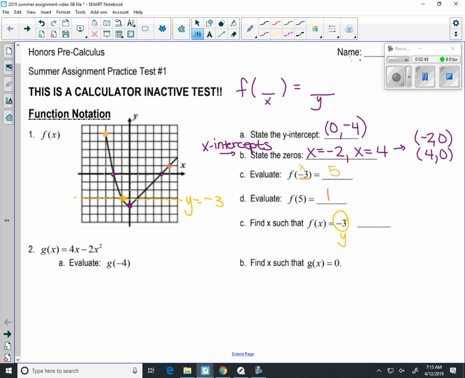So we have two x's that have the output of -3, and those are +1 and -1. If you wanted to write those as ordered pairs, those x's would be paired with that y of -3.